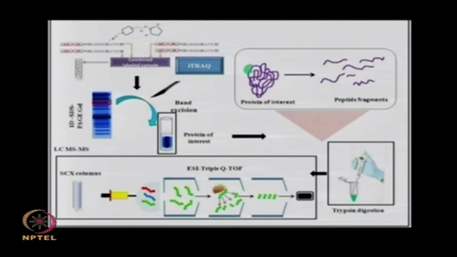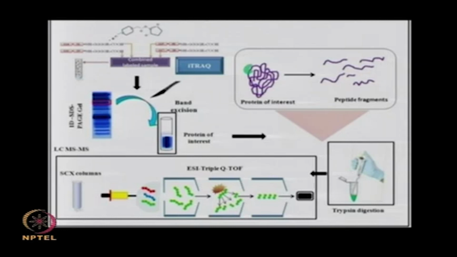One can use one dimensional electrophoresis or take the protein samples directly from the mass spectrometry based experiments, separate those on LDS page or 2D gel and then excise the band of interest or spot of interest.